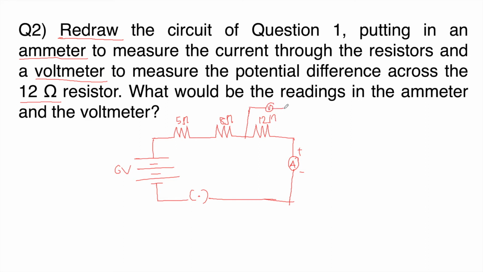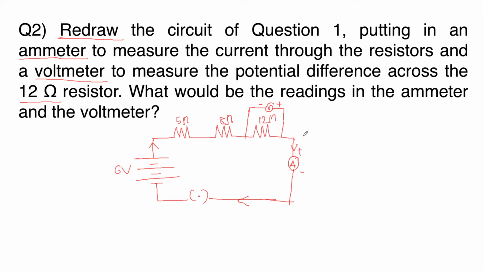This is the voltmeter. We can draw it here also, that is not particular. And the current will be positive to negative. Okay, so this is the modified circuit diagram.